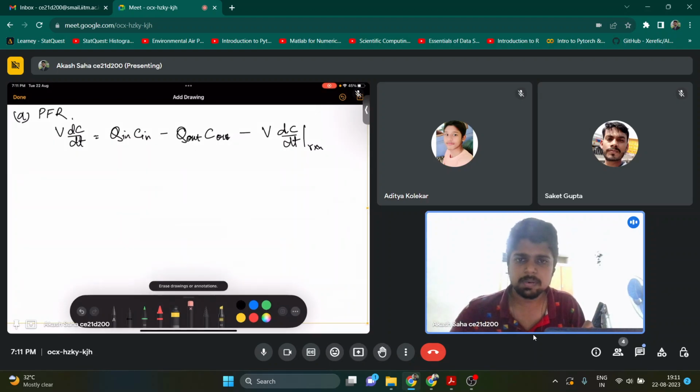So my dC/dt of the reaction will become, what will be my dC/dt of the reaction? Can someone tell? Anyone? What will be my dC/dt of reaction in this equation?